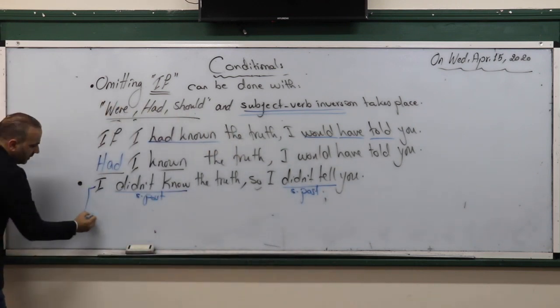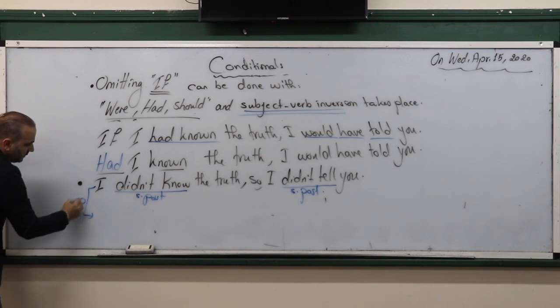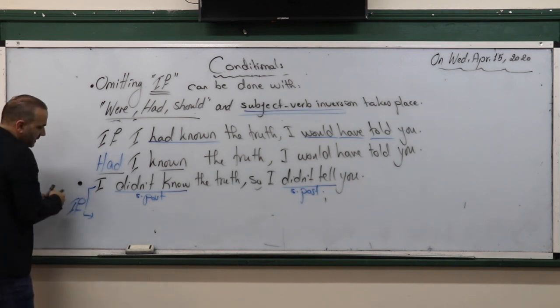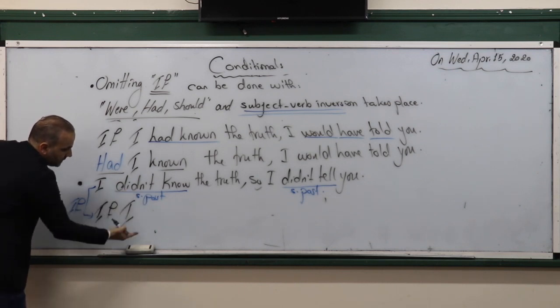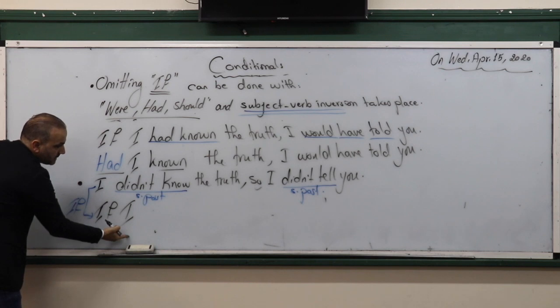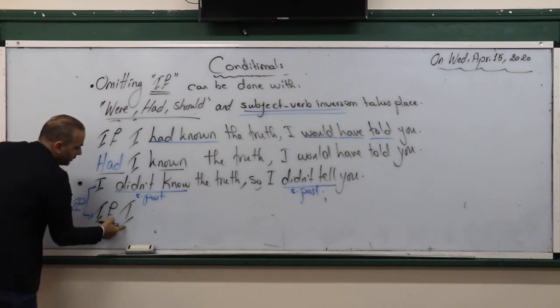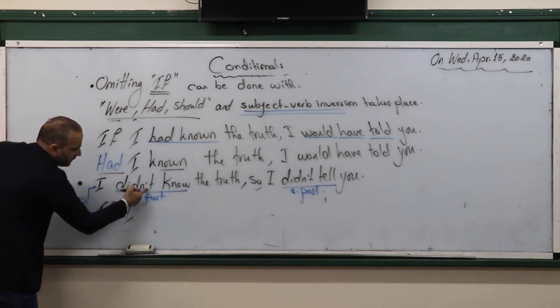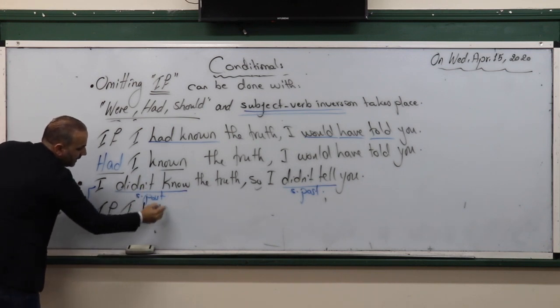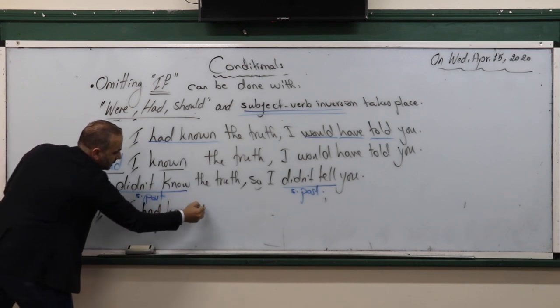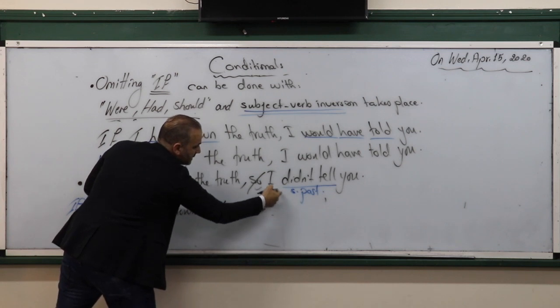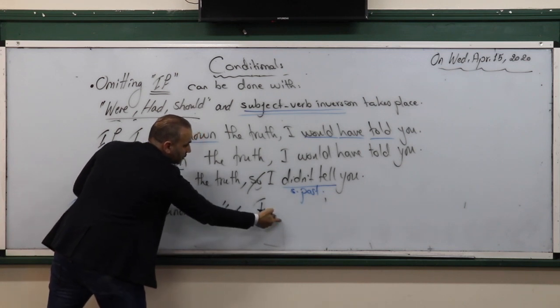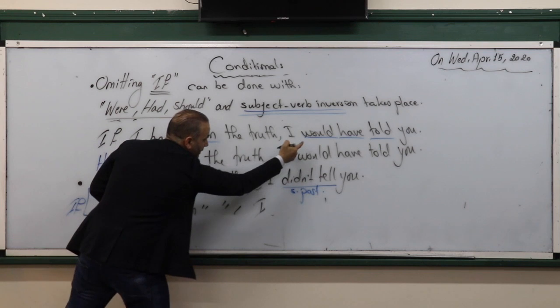So, with an if clause, that's if. Okay? So, if I, past with unreal past, untrue past, type 3. That's what I'm saying. You have to go back to the table or to the rules. If I, negative to positive, if I had known the truth, comma, I past, result of unreal or untrue past type 3, would plus have plus ed.